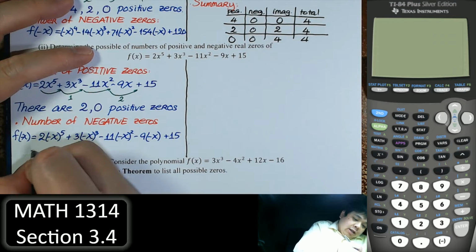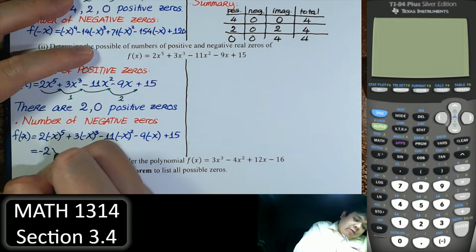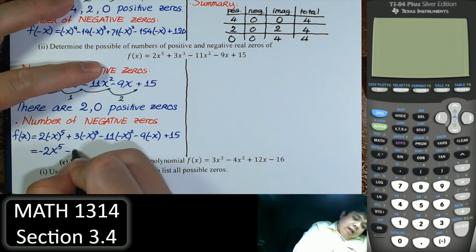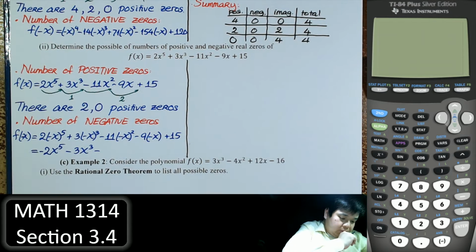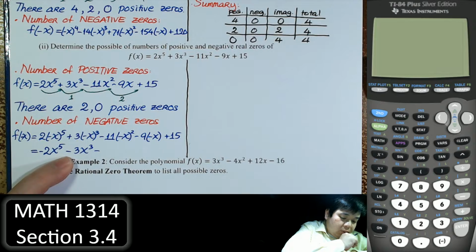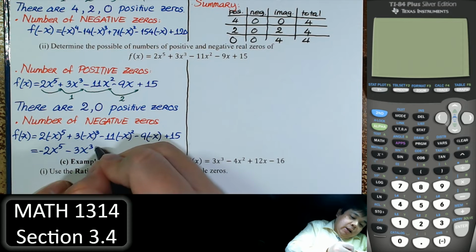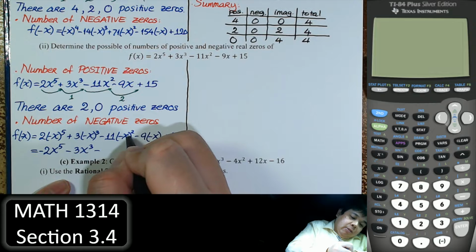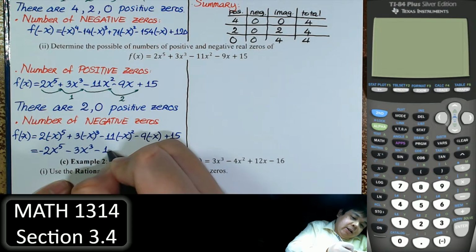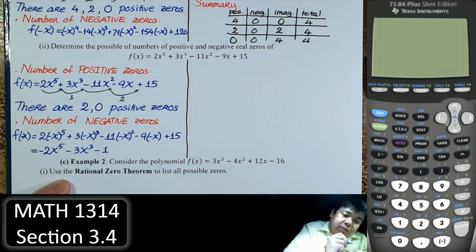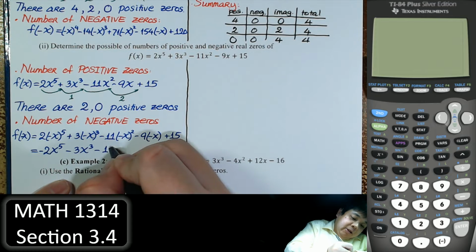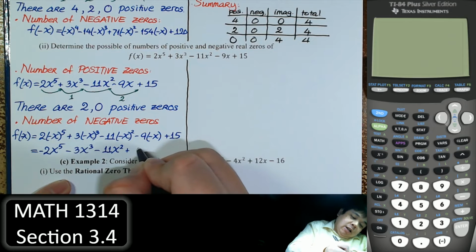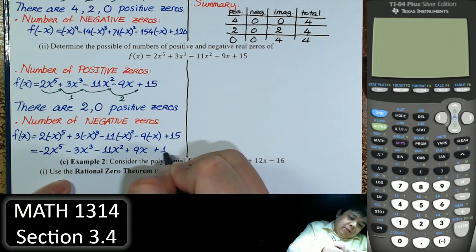So that gives us negative 2x to the fifth, negative 3x cubed, negative 11x squared, like that, and then plus 9x plus 15.